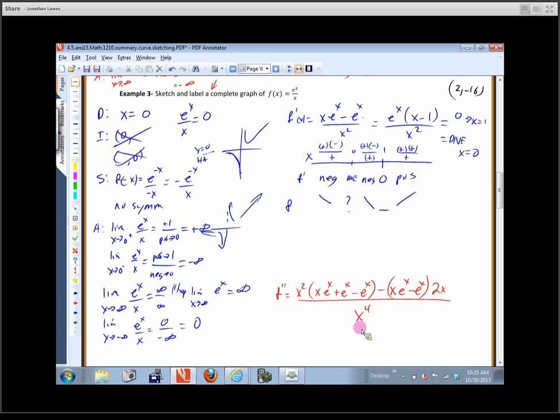Now, we want to be a little bit smart about this. Those two make a 0. Let's see, I can take out an x out of each one of these. Okay, so if I do that, I'm left with an x distributed through to there, so that's going to be an x squared e to the x.